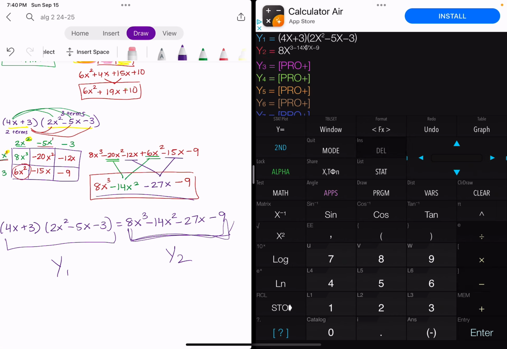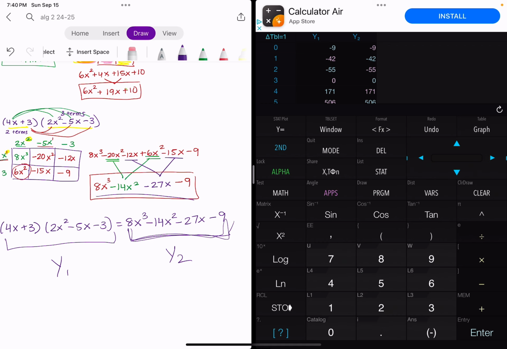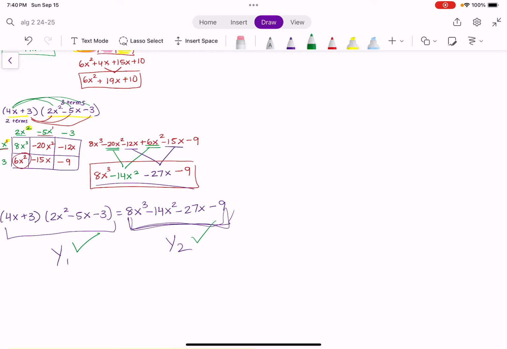Oh my God, I so messed that up. 8x to the third, don't be like me, minus 14x squared minus 27x minus 9. Okay, so if you did this correct, and if you typed it incorrect, sometimes that happens, you go to second graph. If you notice, right, all the y's match. If they match, that means you did it right because they're equivalent to each other, right? So we can check that this is correct, okay?